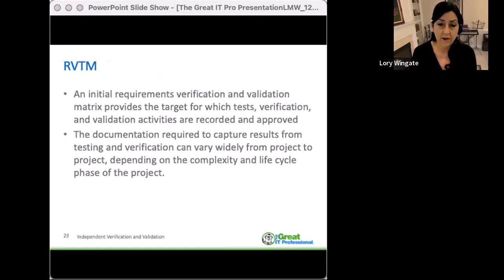And that's okay. If you're in research and development projects, the number of times that you're going to do test, verification, and validation is going to be much more often than if you're building a production run of a part that's been made a million times over.